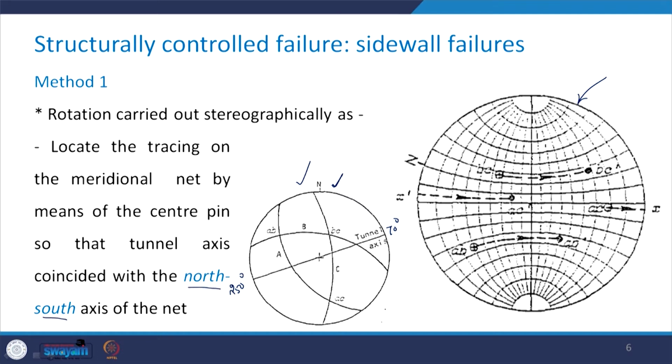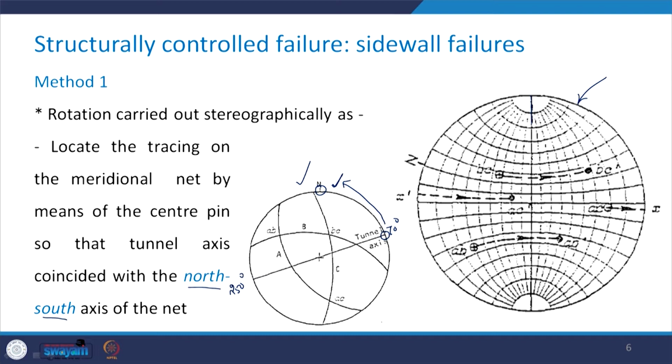So, I need to rotate this tracing sheet in the anti-clockwise direction by 70 degree, so that this point of the tunnel axis coincides with the north. You see that it will look like this.